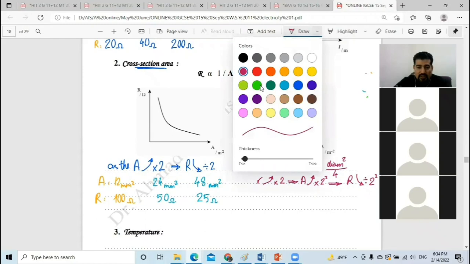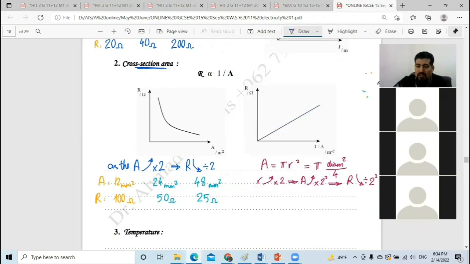So again, let me give you another example like this one. We are talking about radius and resistance. For example, if I have a 4 millimeter radius wire, 1 meter long, of copper or whatever it is, it has a resistance of 60 ohm.